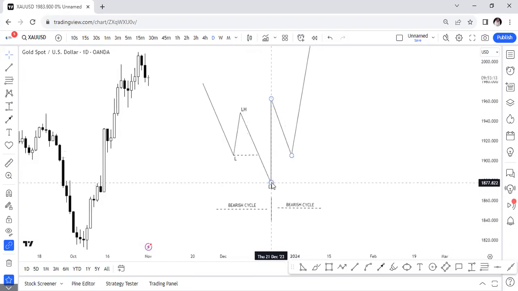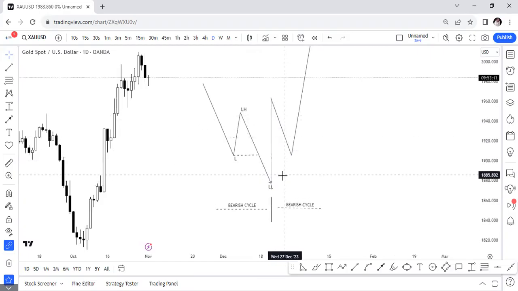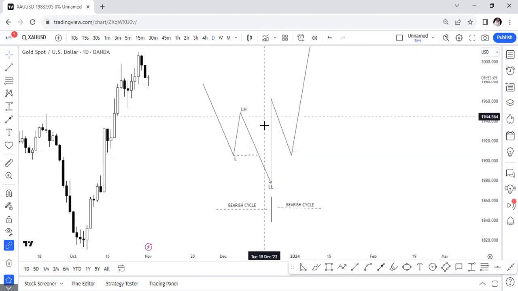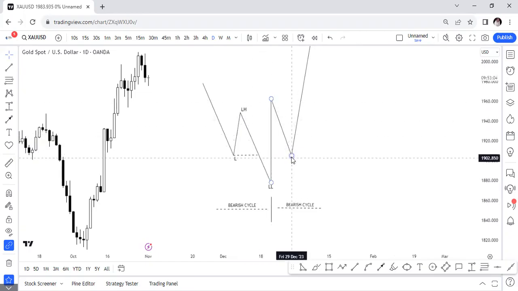So this forms the valley. This is the lowest low. Call it the valley, because from the valley the price rallies upward and comes back to this place.